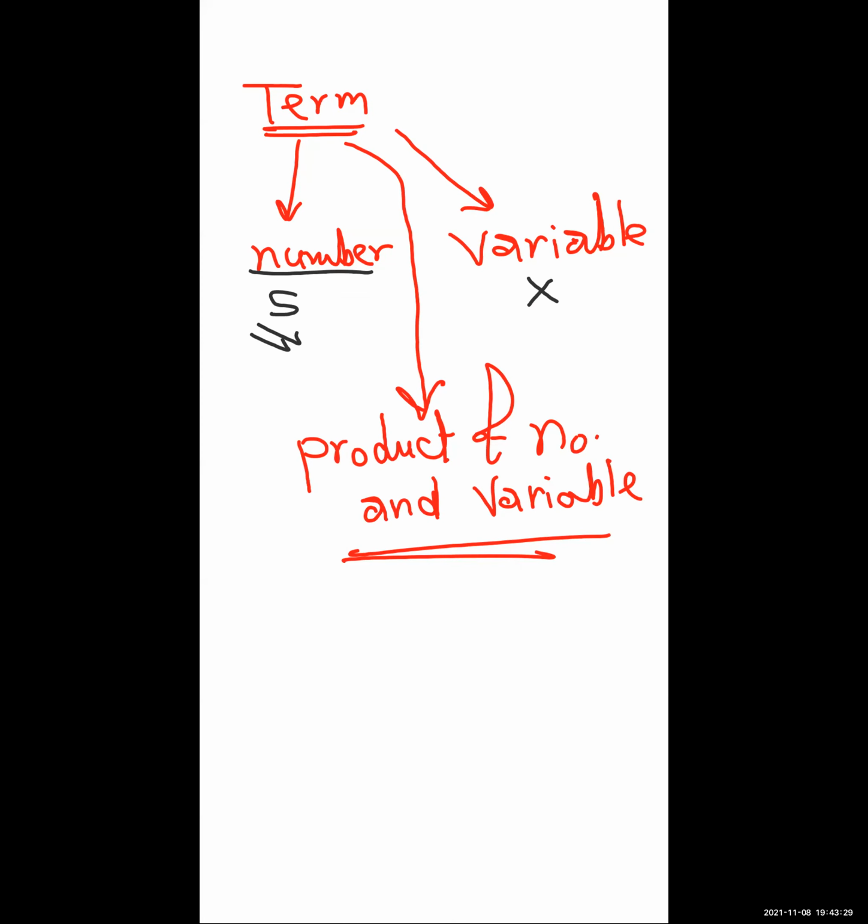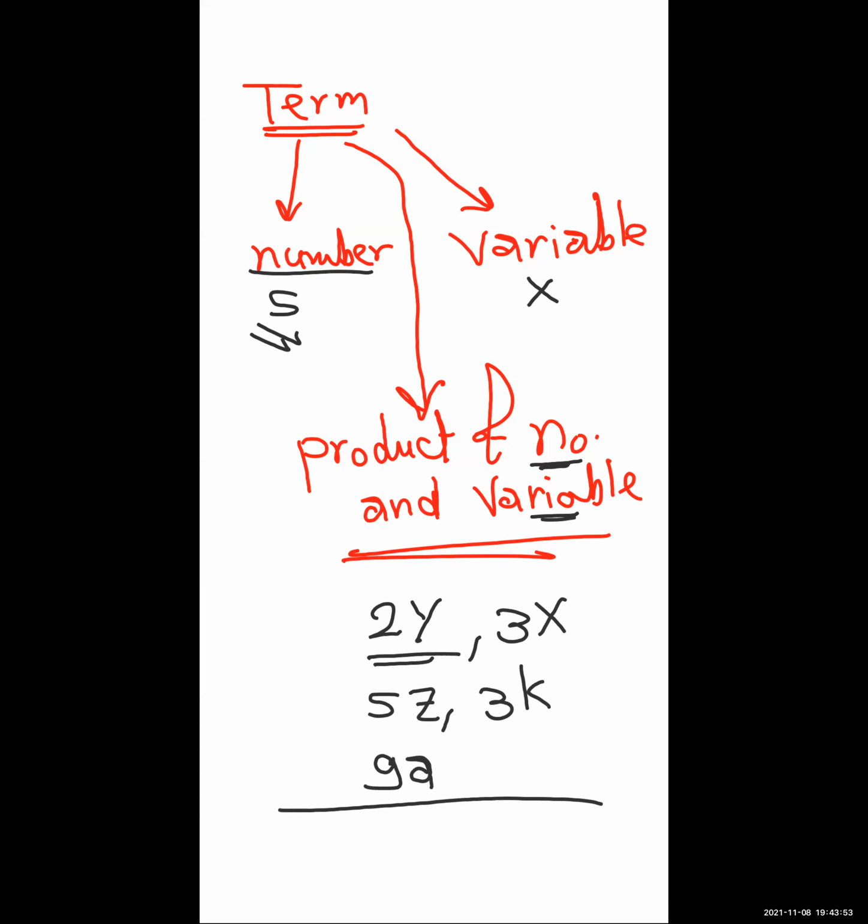The product means multiplication, like the product of a number and a variable, like 2 as a number and a variable like y. So 2y is a term. Also 3x is a term, 5z is a term, 3k is a term, 9a is a term, and so on. Correct, guys?